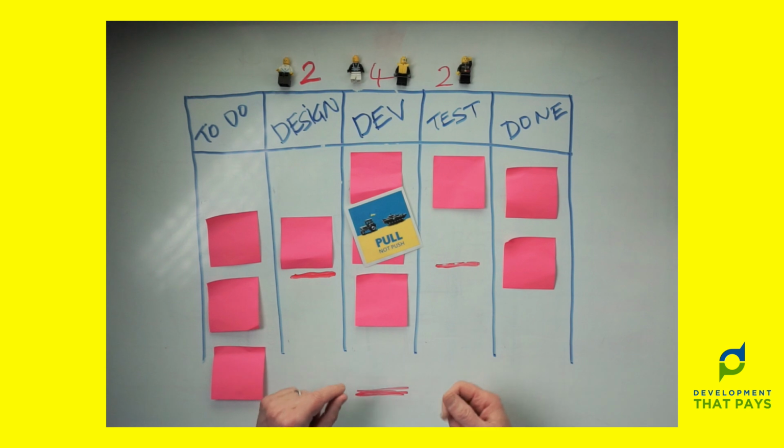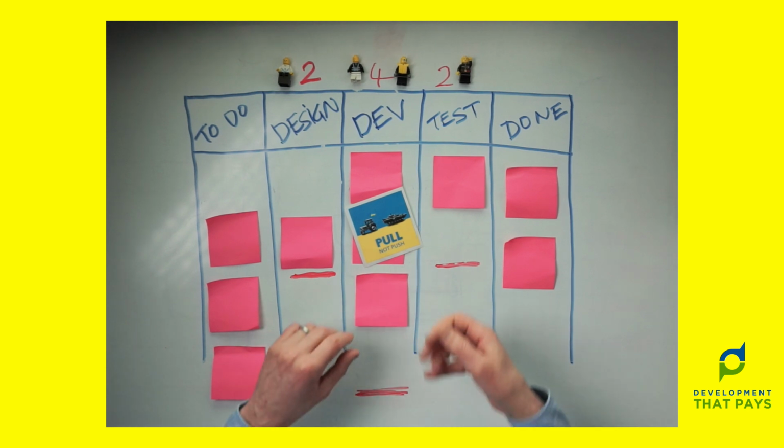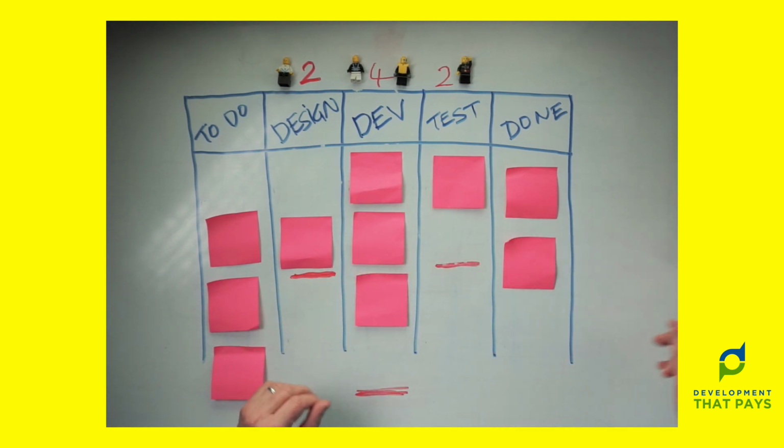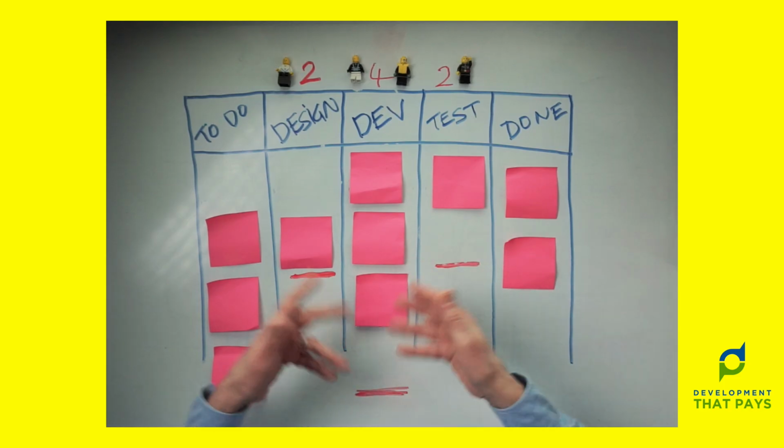Now, if you know anything about Kanban, you know it's all about the pull and not the push. I've always thought this was really unfair, that all of a sudden dev's got another item contributing to its work in progress that it never asked for. That's the unfairness.